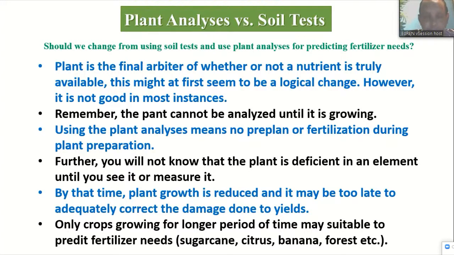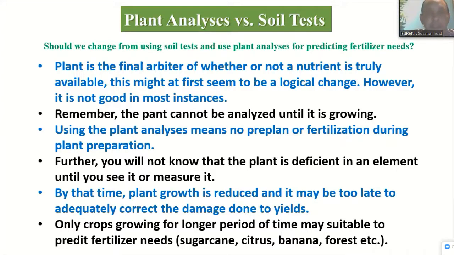Here you can see the plant is the final part where plant nutrients are reaching, and although there might be plant nutrients in the soil, they may not reach the plant part or stem.